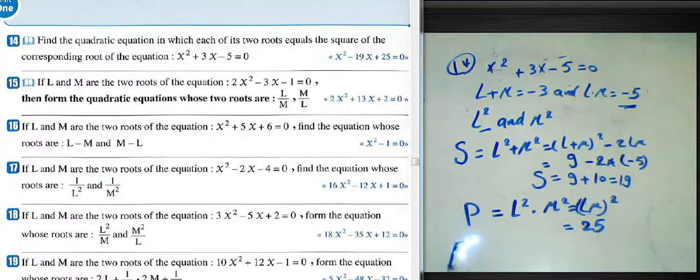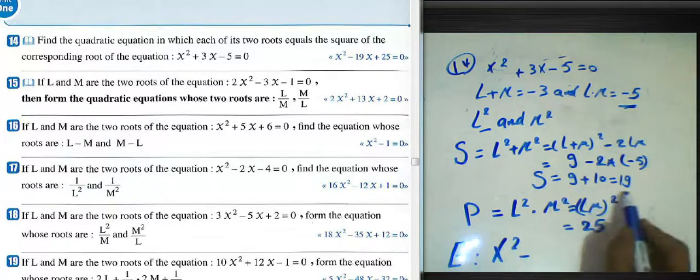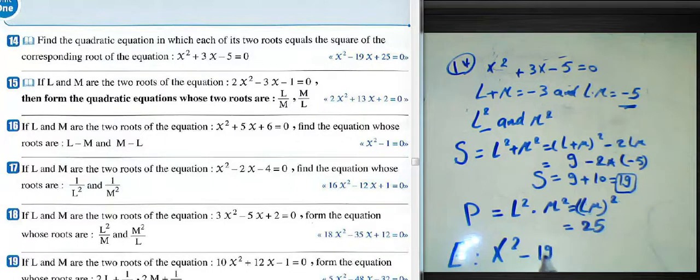So the equation will be, reverse the equation: x power 2 subtract the sum, it will be 19x, and the product 25, equals 0. It was the equation whose roots equal the squares of the corresponding roots of the equation x power 2 plus 3x minus 5 equals 0.